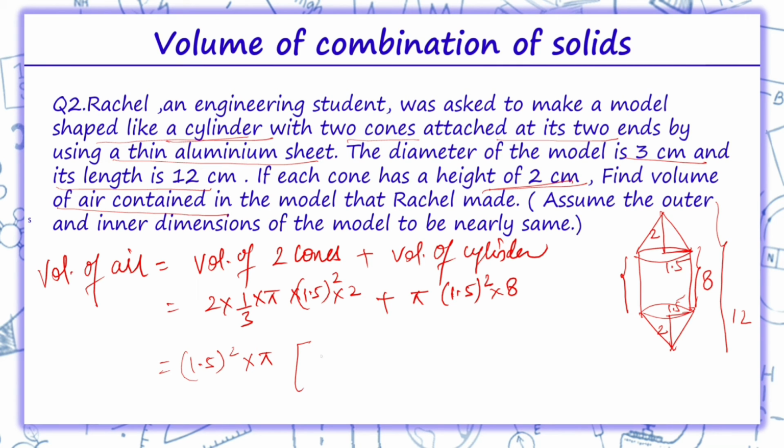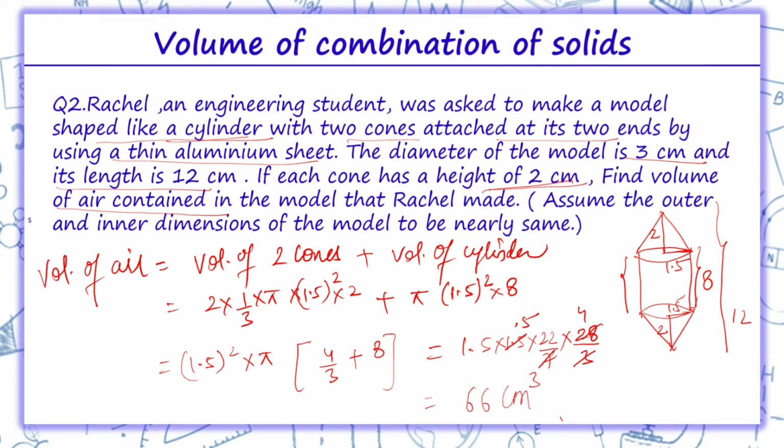Thus we'll get 2 into 2, 4 by 3, plus 8. Thus on solving it we'll get 1.5 into 1.5 into 22 by 7. We'll take LCM. 8 into 3 is 24. 24 plus 4 is 28 by 3. So 7 into 4, and here 3 into 0.5. Thus we'll multiply it, so we'll get over here 66 centimeter cube.